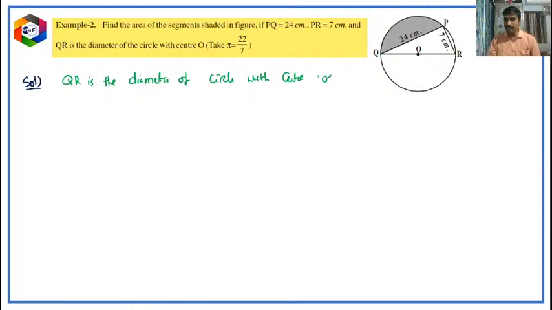Can anyone give what is the angle in the semicircle? What is the angle in the semicircle, meaning what is the angle at P? Can anyone give the answer in the chat box? What is the angle formed at the P? I already explained this in the previous classes. Even in yesterday's problem we used that idea.